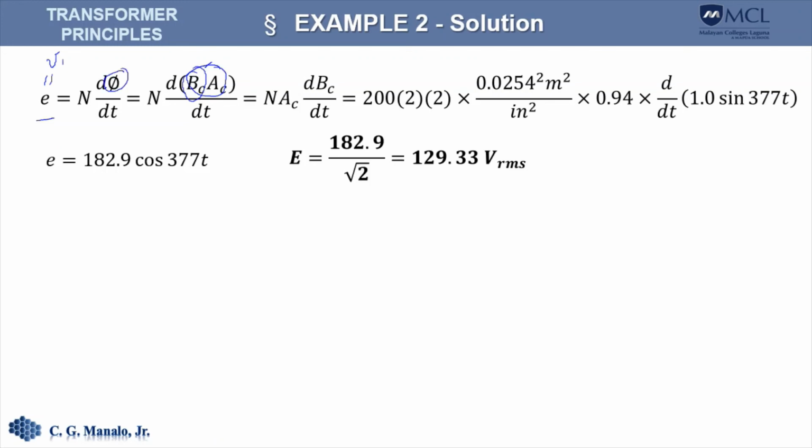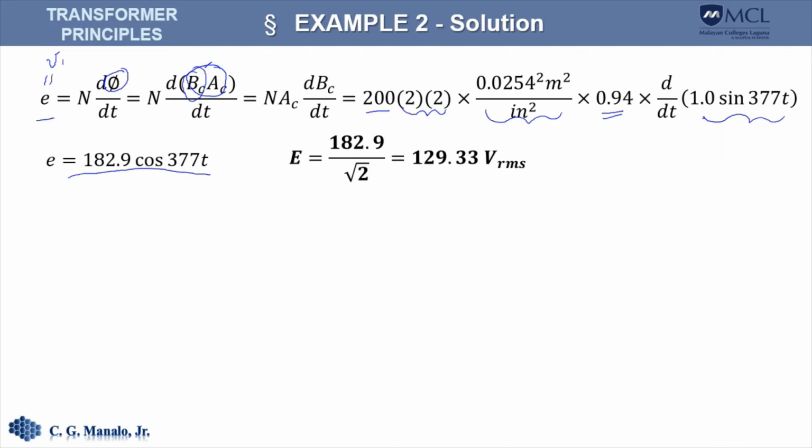Okay, so here is the number of turns. This is the actual area of the core. We convert that to square meters and we reduce that by 6%. Then we get the derivative of the flux density, and that should give us this induced voltage.